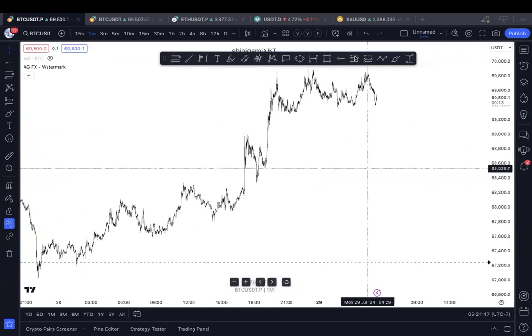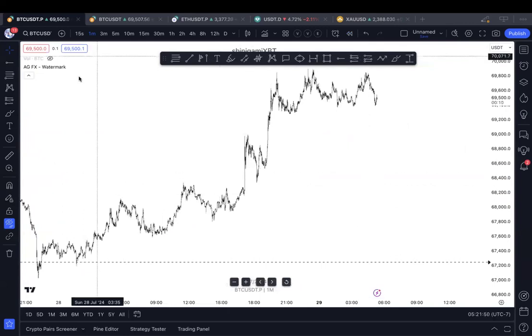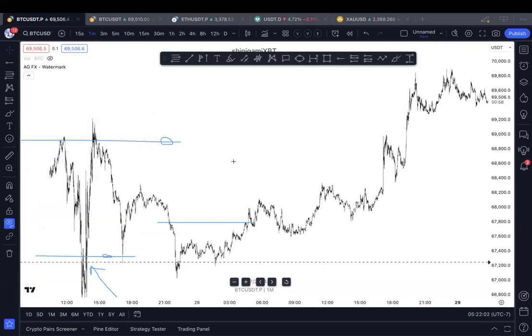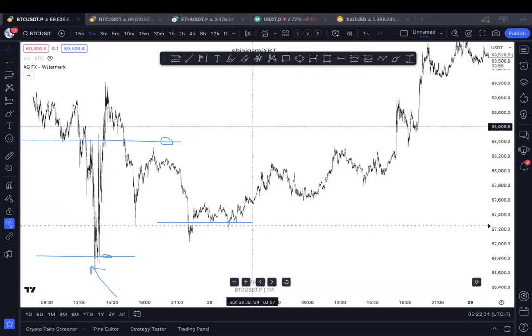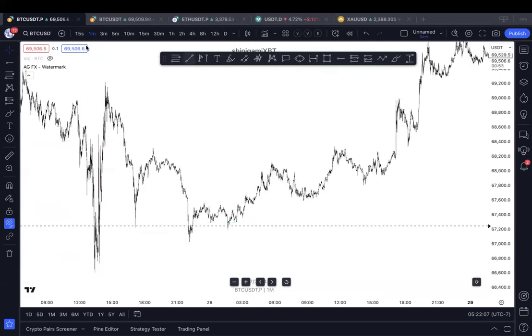So let's just say I have a long from these levels, I know that I'm long from around these levels, and my TP was here in the first place, and I was pretty confident because the POI in itself was very good, and I knew that this is likely going to hold the lows.